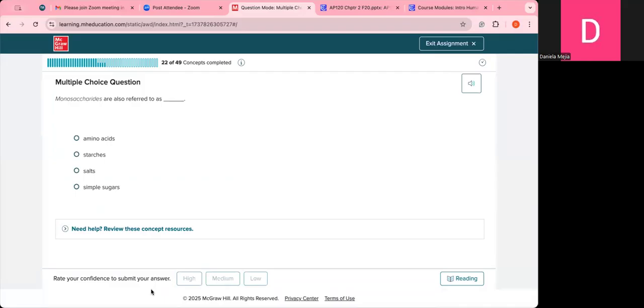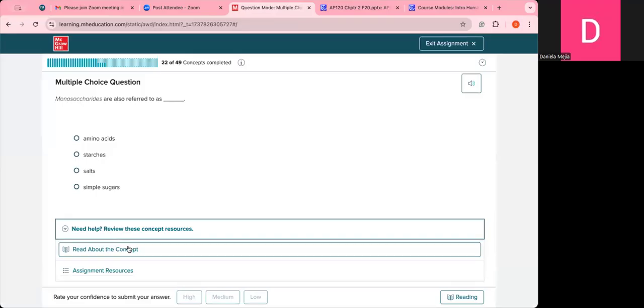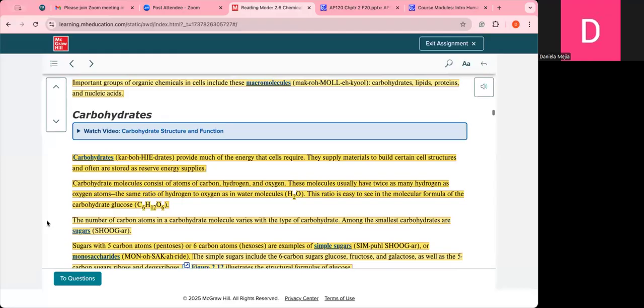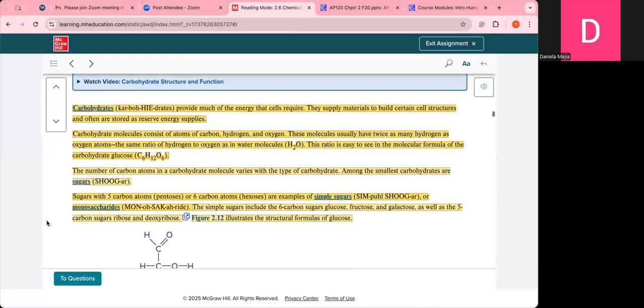Monosaccharides are also referred to as amino acids, starches, salts, or simple sugars. Another name for monosaccharide is what? Okay, the carbohydrates. The number of carbon atoms in a carbohydrate molecule varies with the type of carbohydrate. Among the smallest carbohydrates are sugars.